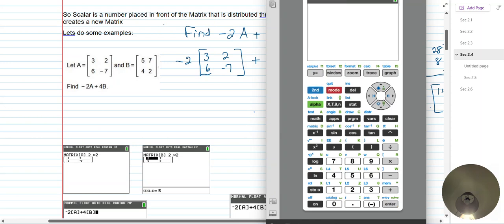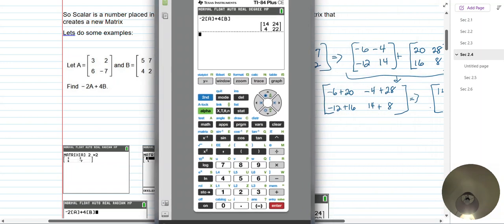So I'm going to go on my home screen, and I'm going to put a -2 second matrix, naming A, plus 4 second matrix B. We have exactly the problem that's listed, and I hit enter, and I have 14, 24.